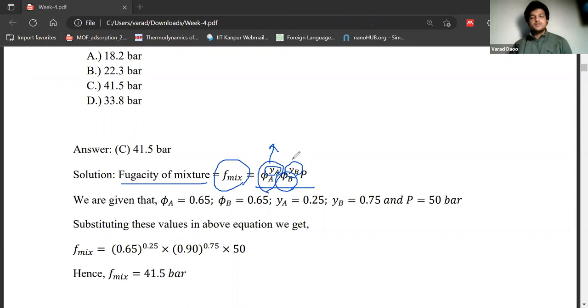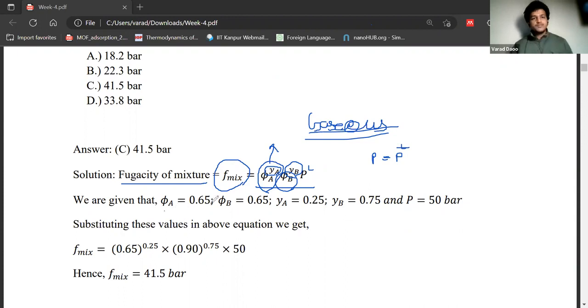We are talking about a gaseous mixture, and this has been given to us in the question. P here represents the total pressure. So this is the expression to calculate it.